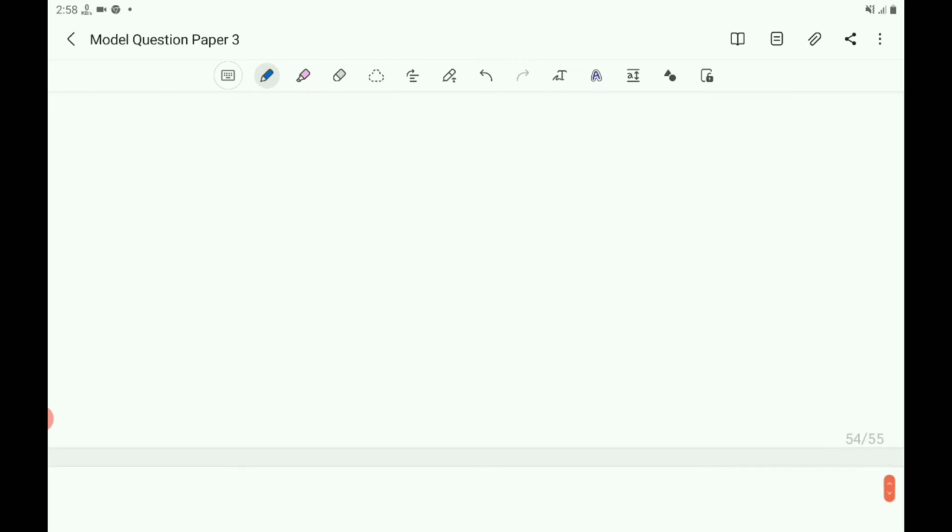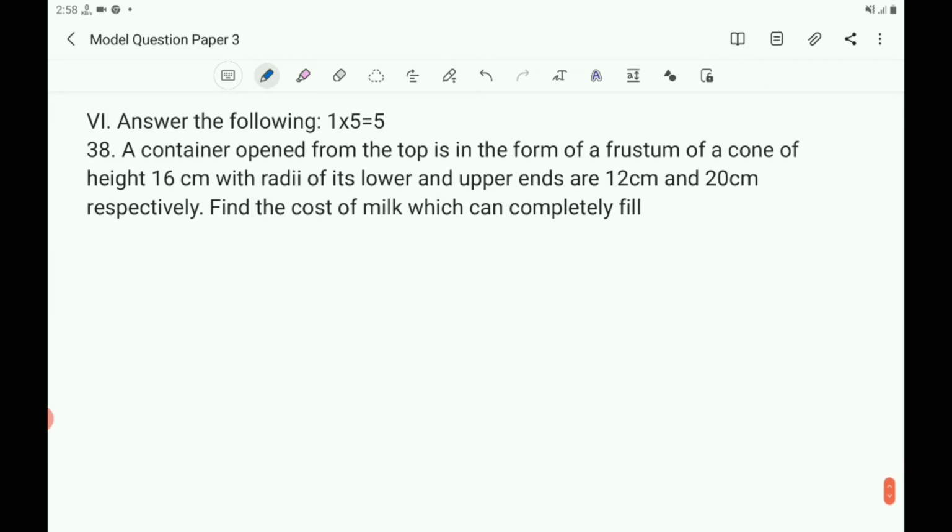Now come to the next question, a 5 marks question. Question number 38. A container opened from the top is in the form of a frustum of a cone of height 16 cm, with radii of its lower and upper ends 12 cm and 20 cm respectively.